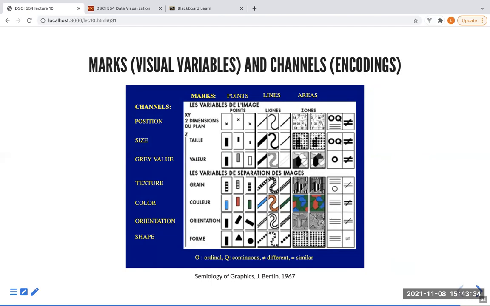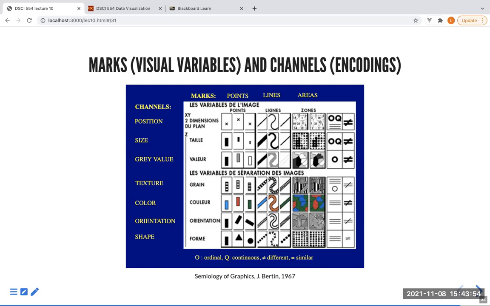And then the encoding between the data and the marks is called aesthetic encodings if you're in ggplot2, or just encodings or channels if you're using the vocabulary that Altair is using.